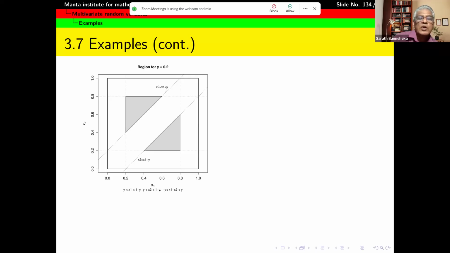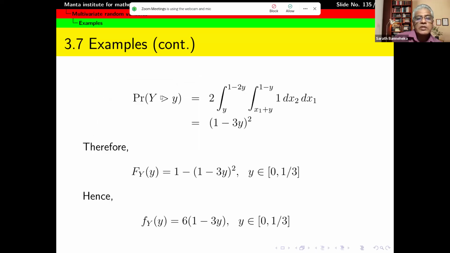Therefore, x1 is equal to 1 minus 2y. So we have to integrate, and x1 will be changing from this value to this value here. That's why you get this integration. The answer is this.